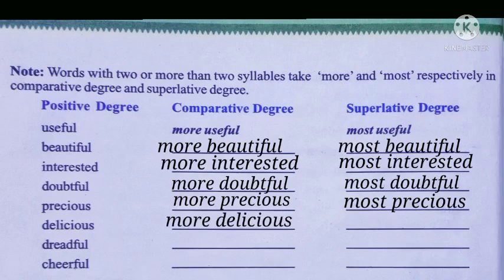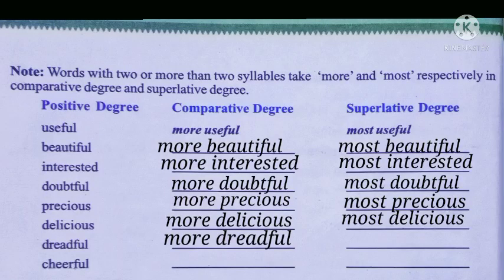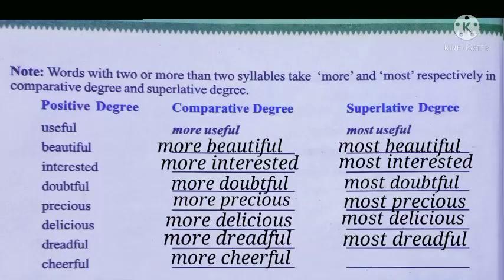Delicious, more delicious, most delicious. Dreadful, more dreadful, most dreadful. Cheerful, more cheerful, most cheerful. So these are all the two syllable words or longer words that use more and most in comparative and superlative degree.